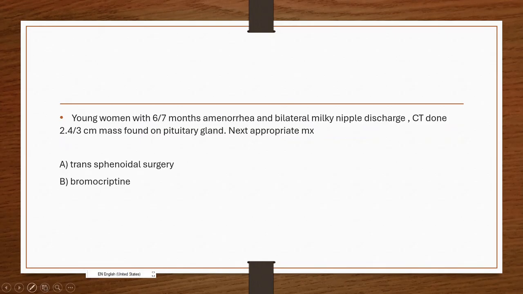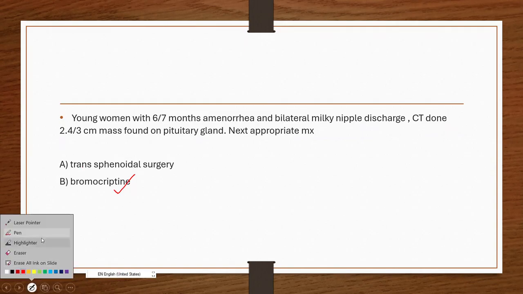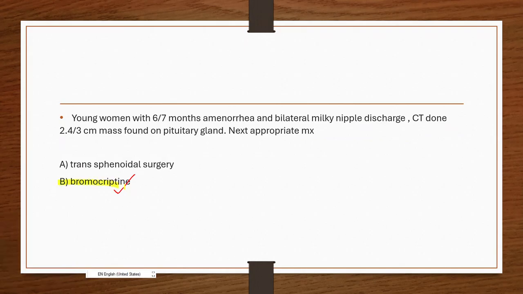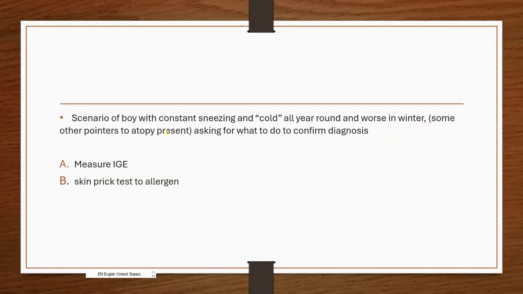So the next appropriate management would be medical management, which would be bromocriptine, answer B. But you will go with surgical management if the patient has eye symptoms or disturbances of the visual field, or other symptoms which need urgent intervention. But here nothing of that sort is there. So you try medical management, hoping for the better response, which it has usually shown. So answer B is the correct one.